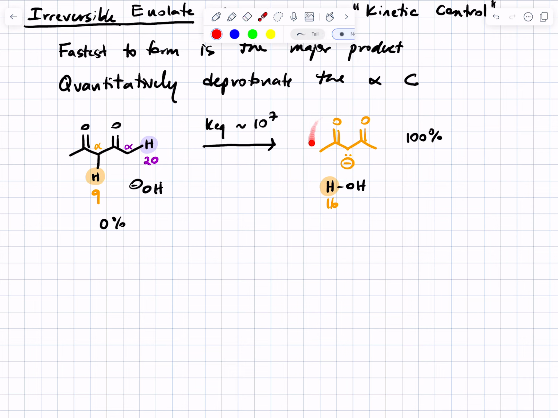It would be correct to call this the thermodynamic enolate, because if you look at the other one, the one that we don't form, it's certainly a less stable enolate, for sure. But the orange one is also the kinetic enolate because it's the fastest to form. And this is not a reversible reaction. This is a 100% reaction.